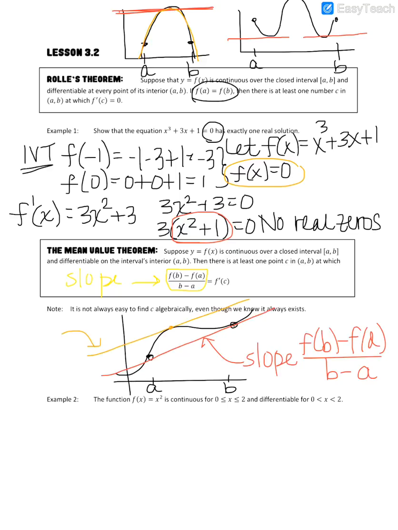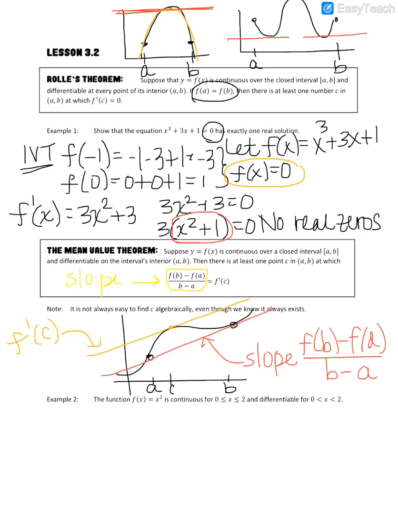Let me draw that. This would be f prime of c, the same slope, and that would be my c right there.